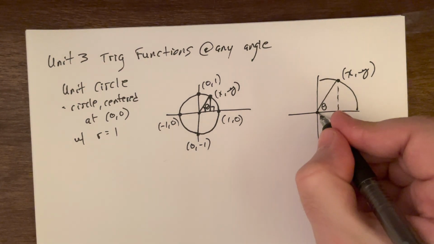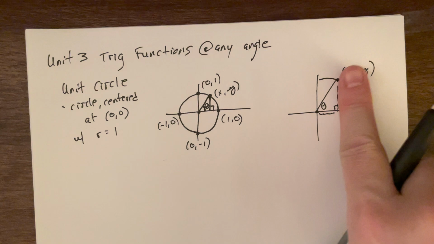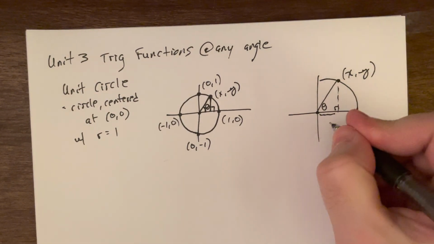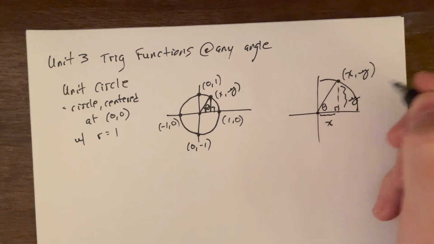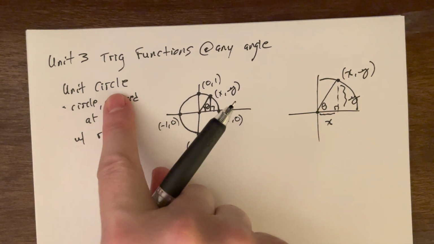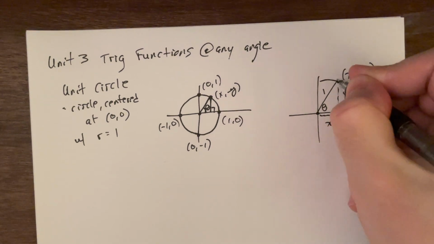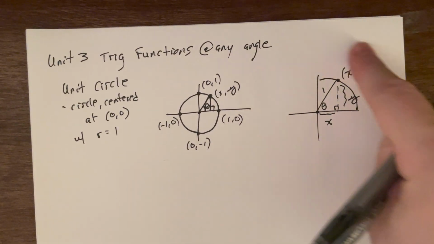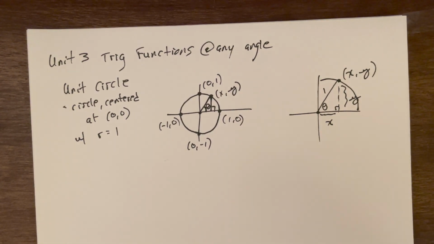So, ignoring all this part out here and just looking at the triangle, this side would have distance X, this side would have distance Y, and because it's a unit circle, the radius is 1, so the hypotenuse is a radius of the circle. So there is a nice right triangle situation.